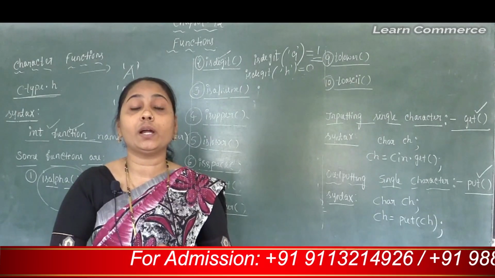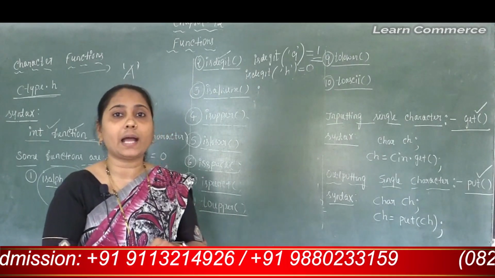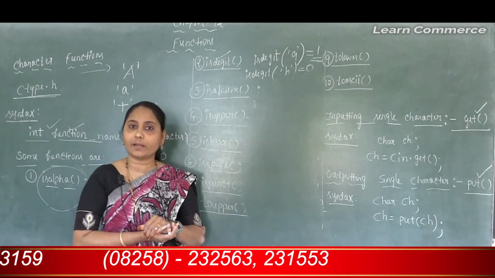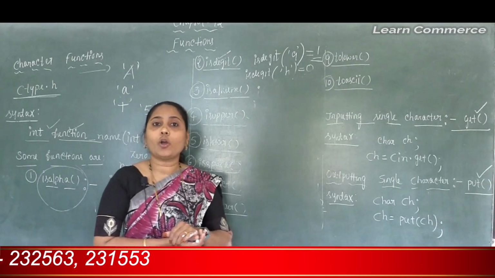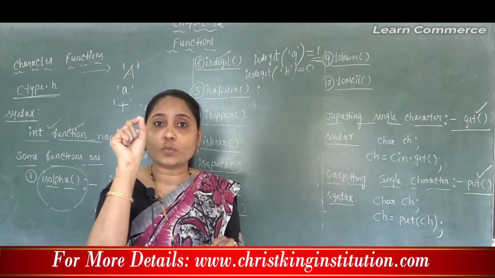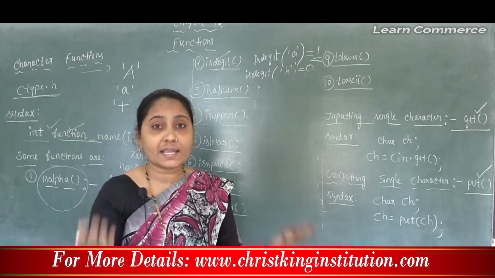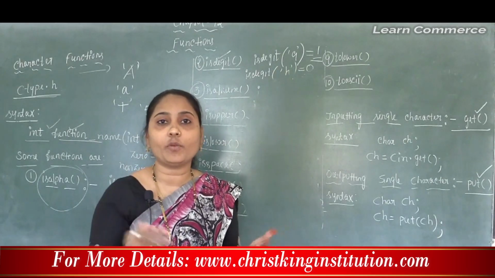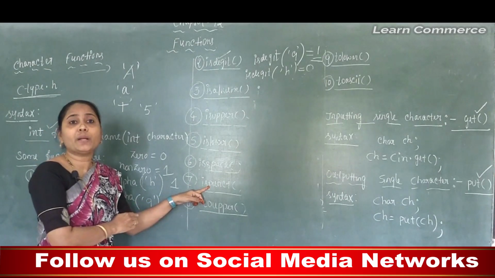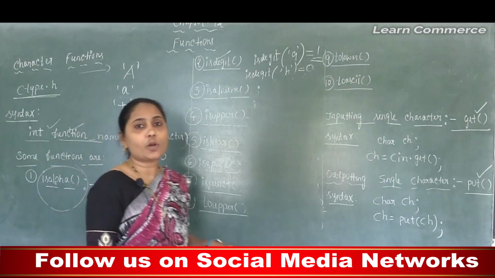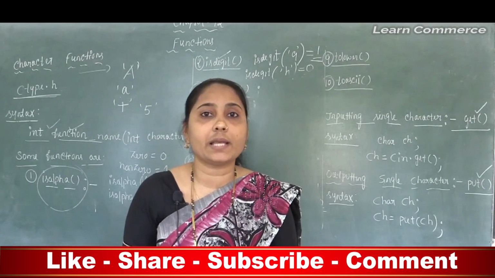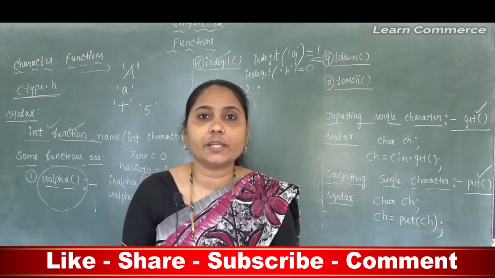There are 23 characters in total, such as less than, greater than, equal to, question mark, plus, minus, multiplication, division, colon, semicolon, single quote, double quote, hash symbol, and ampersand. These symbols are called punctuators. So it returns a non-zero value if the character is a special character, otherwise it returns 0.